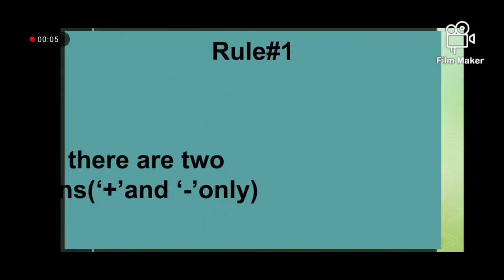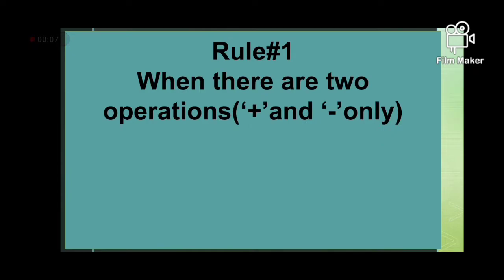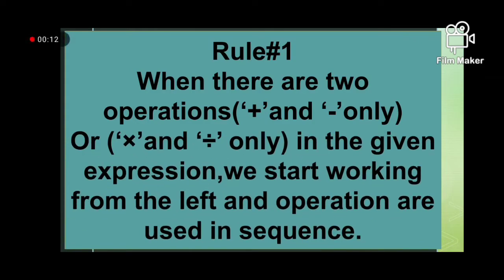First, rule number 1: when there are only plus and minus, or only multiply and divide in the given expression, we start working from the left and the operations are used in sequence. Means when we have these 2 operations, plus or minus and multiply and divide, in this case, we will not use the DMAS rule.